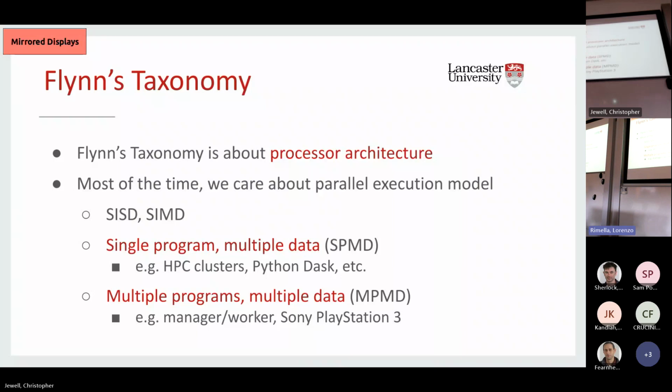And then there's this slightly curious thing here, this multiple program, multiple data model. So what's this? Well, this is an idea where you've got the sort of idea of a manager and a worker, or a server and a client. They might pass data between themselves, but actually they're running different programs with that data.